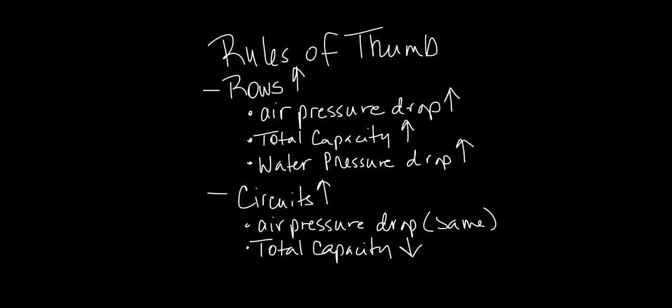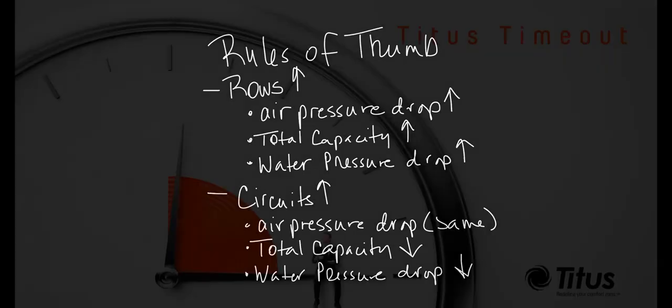A shorter path means less pressure from the pumps required to drive the water molecules through this shortened path, therefore dropping the overall water pressure drop. This again should be balanced with a decrease in total capacity of the water coil. So adding circuits will benefit the required pump pressure, but at a cost of dropping the water coil capacity.